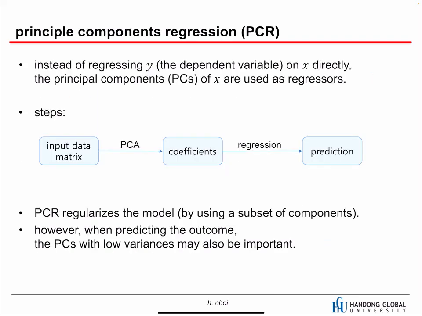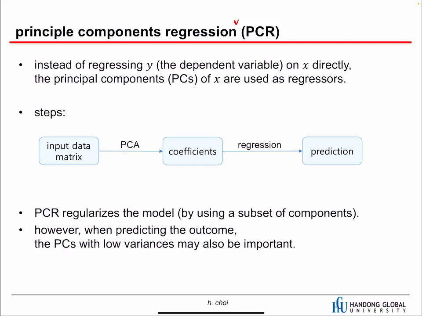Now on this slide, I'm going to talk about how we can use PCA in other applications. Okay, so you don't know what a regression is yet, but don't worry. Let's say a regression is kind of an algorithm to estimate something or to predict some things.